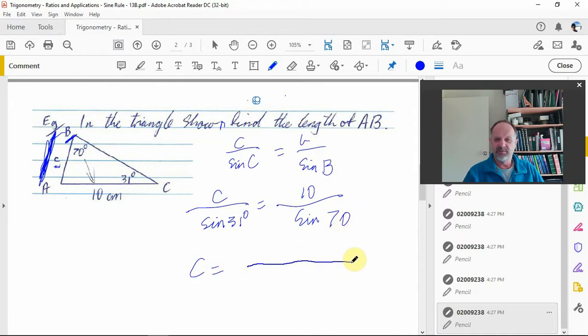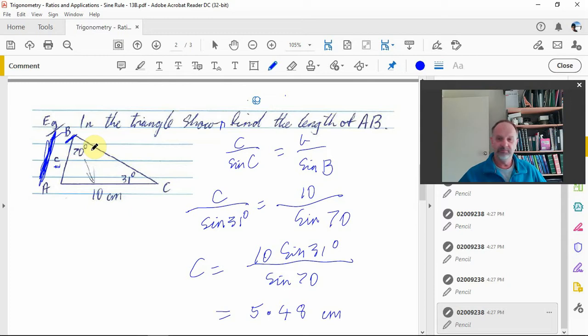Multiply both sides by sine 31. Get your calculator out and do your calculation, and you find to 2 decimal places that side length AB is 5.48 centimetres.